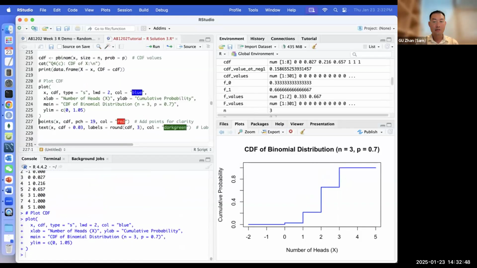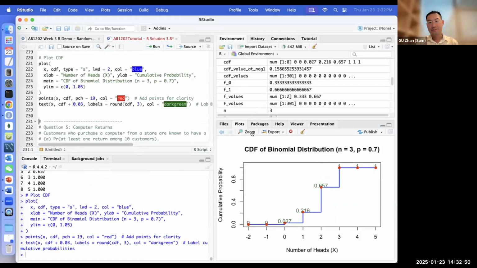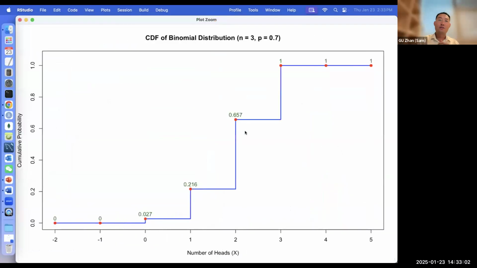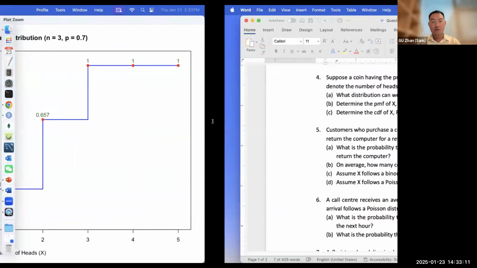Now let's plot the CDF. This is the PMF, this is the corresponding CDF. Non-decreasing, getting higher and higher up to 100%. So that is Q4, right?